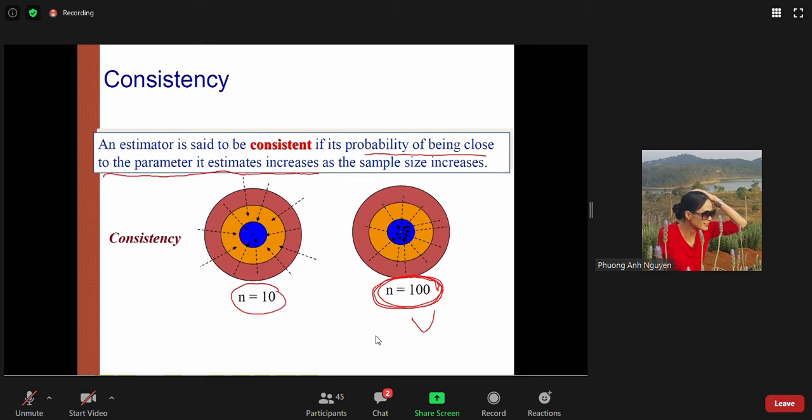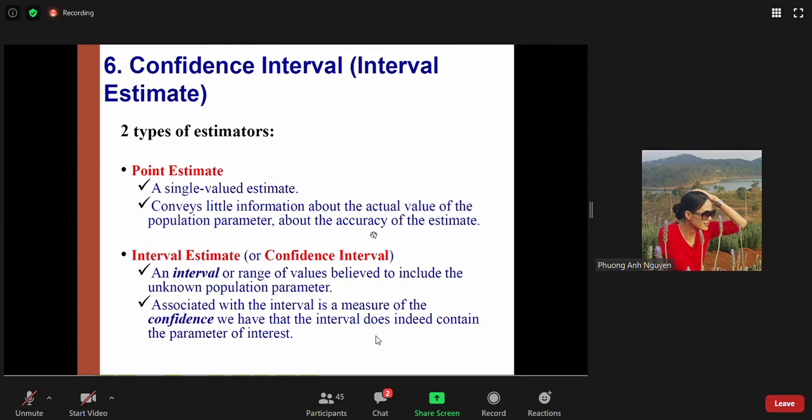For the estimator we want to work with, at least it must be consistent. These are the good properties of the estimators that we use all the time.